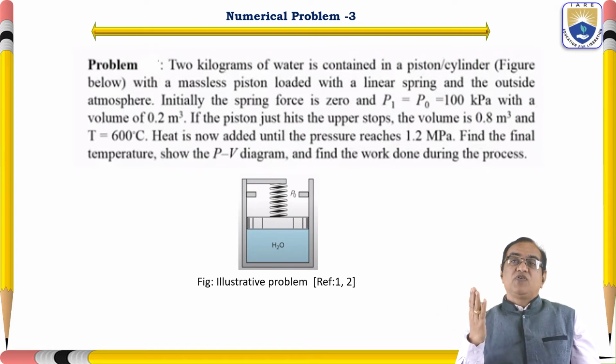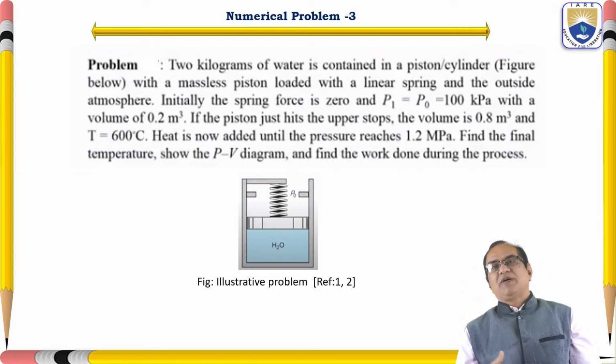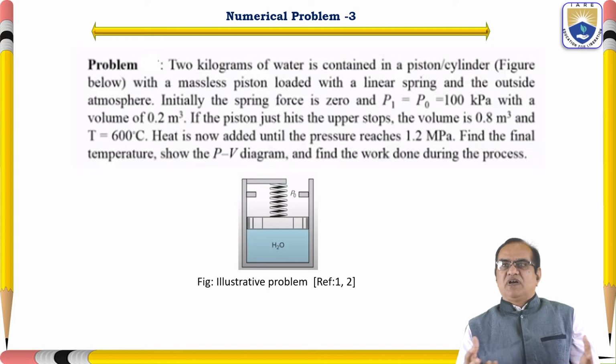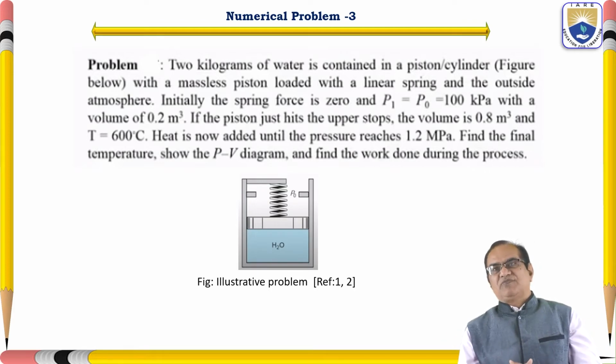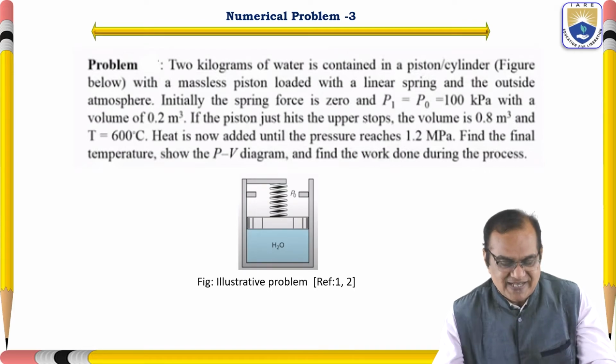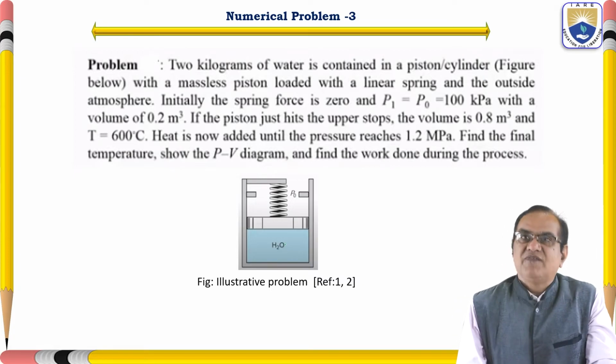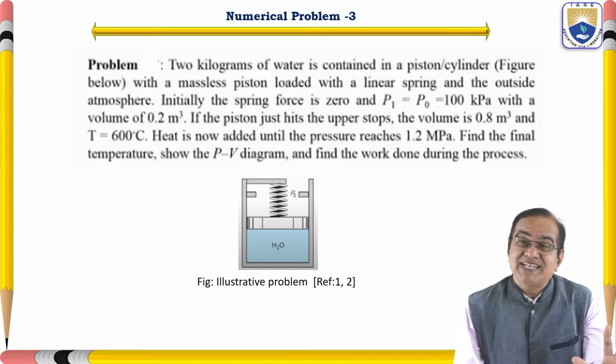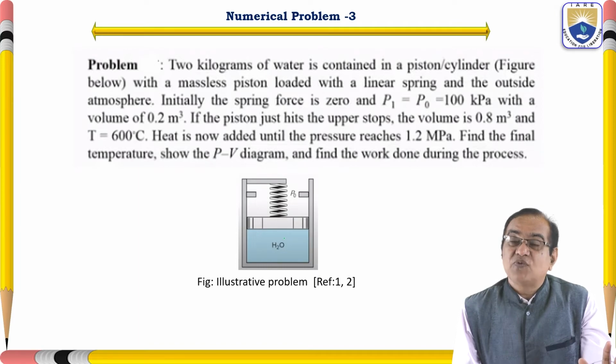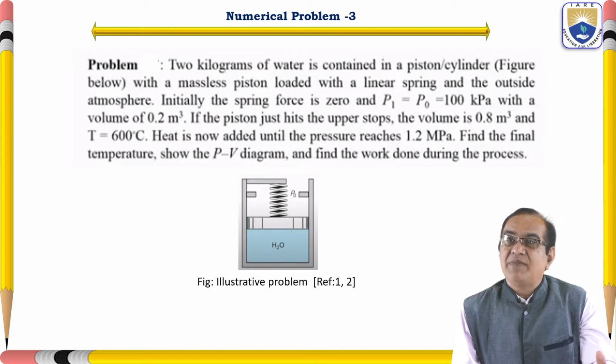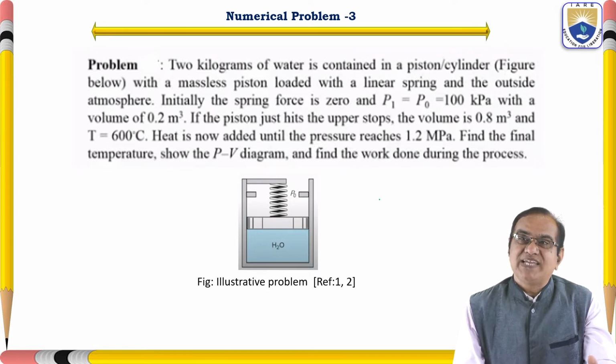So before we go for the PV diagram, the first problem is to find the final temperature of this system. Here we have water, and you know that water undergoes phase change, so we cannot use the ideal gas equation, P1 V1 by T1 equal to P2 V2 by T2, or m R T. We need to use the steam table.